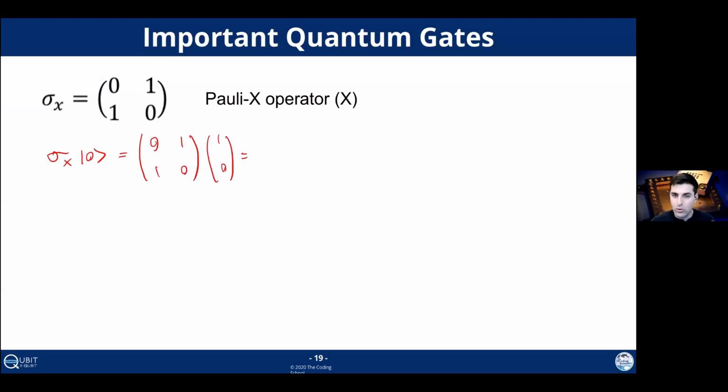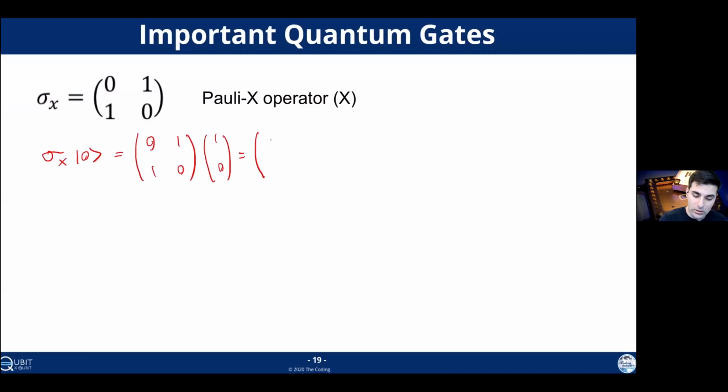Okay, I'm going to end the poll. The result's very clear, but let's just do this together. When I do this matrix multiplication, I get 0, 1, which is the 1 state. So the Pauli X operator applied to the 0 state gives me the 1 state.